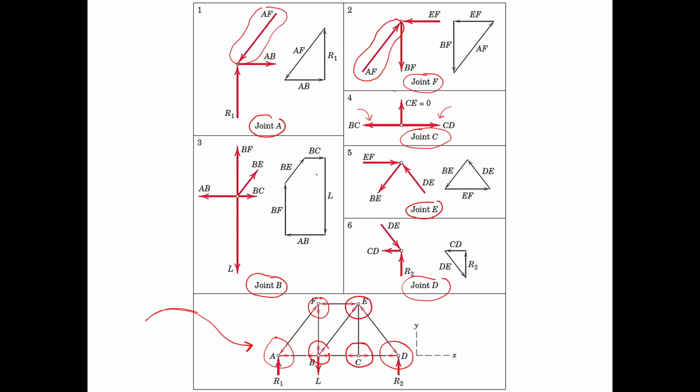For example, member AB: in figure 1, member AB is in tension, moving away from joint A. If you go to joint B, notice that AB is also moving away from the joint, so it's still in tension.